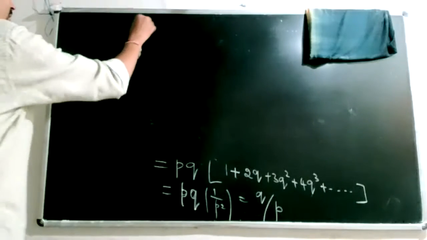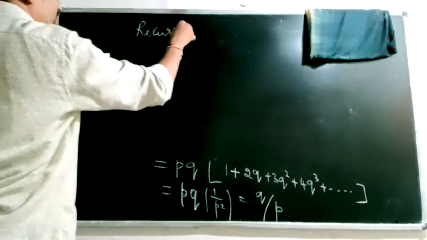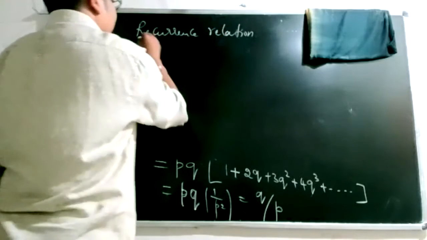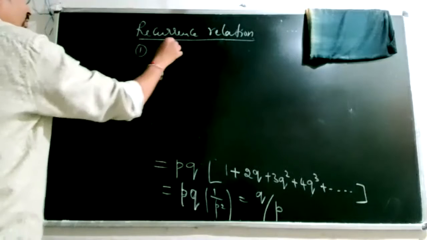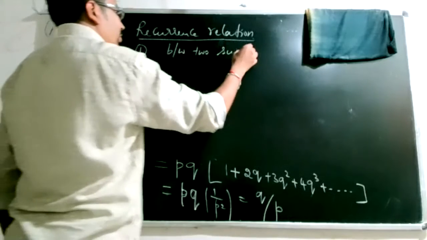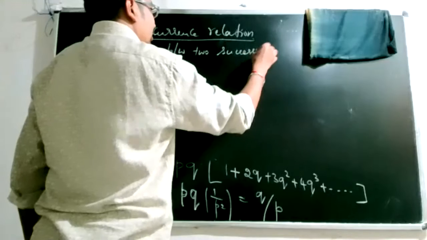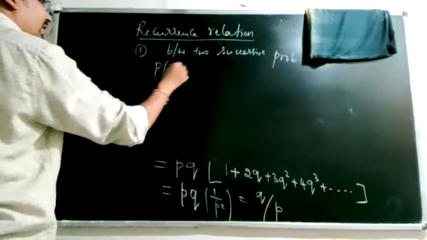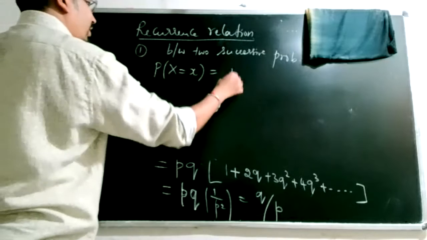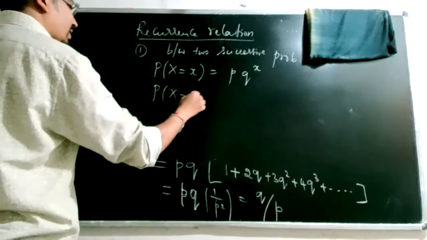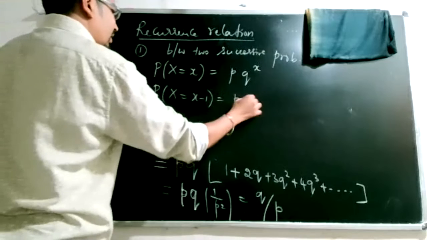Now we'll look into the recurrence relation between the probabilities. So first one, between the two successive probabilities. So we know how to derive it, right? You will define probability for x and you will define probability for x minus 1, the previous probability.